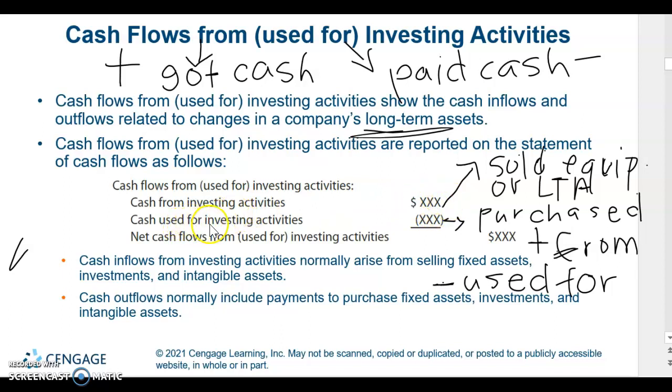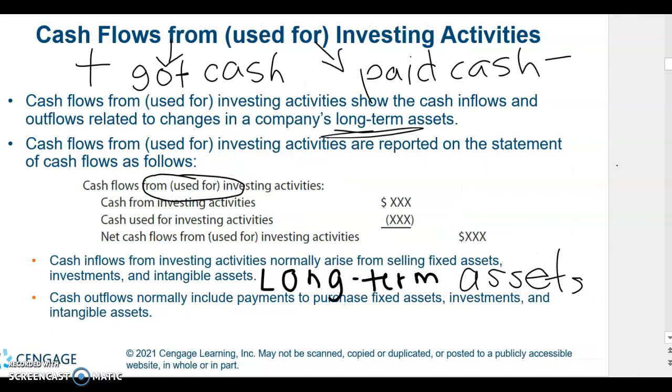If our cash used for was higher, which means we used more than we got, then this would be negative, and it would say net cash used for investing activities. So which word we use right here depends on if our net number is a net negative or a net positive. If it's a net positive, you're going to say net cash from. If it's a net negative, it's going to say net cash used for.